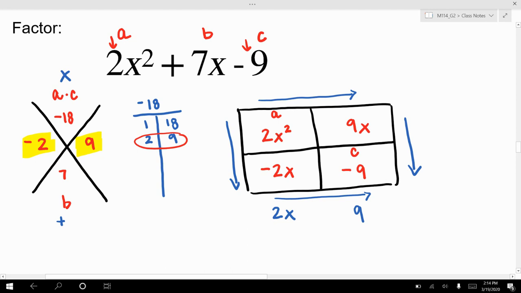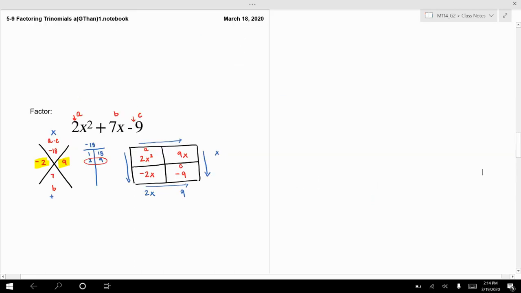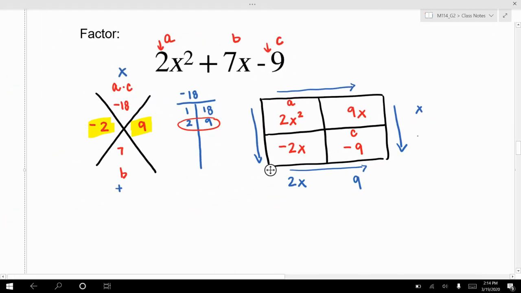Greatest common factor of 2x squared and 9x? Well, the only thing that they're sharing in common is 1x. Okay? Now the greatest common factor of negative 2x and negative 9, they don't have anything in common except for 1. Because the first term in the row is negative, we're going to make that a negative 1. And these are our factors that when we multiply them together, it results in the trinomial.